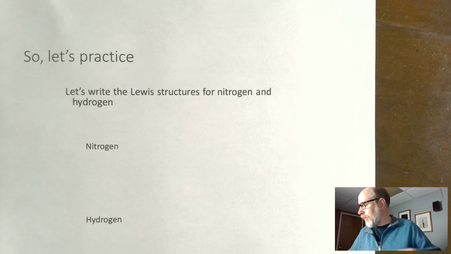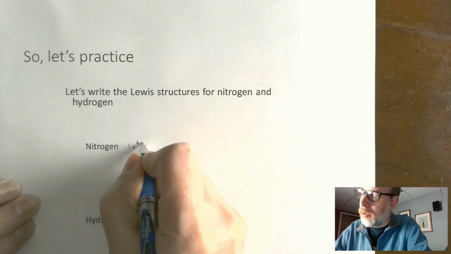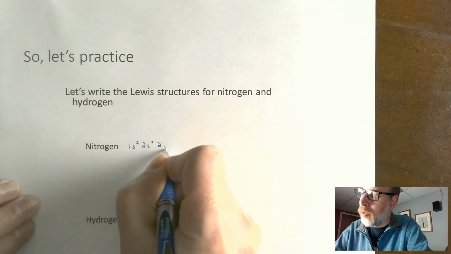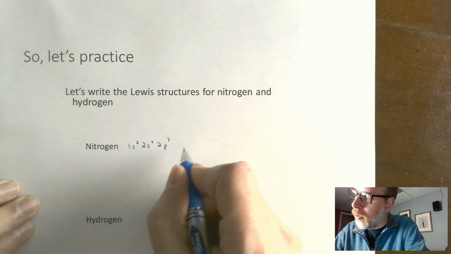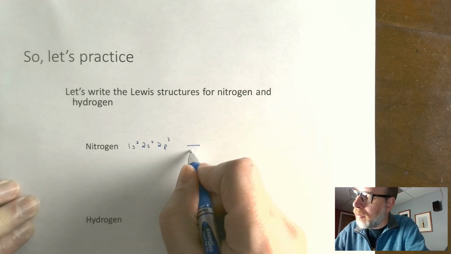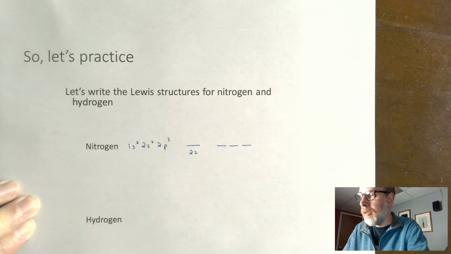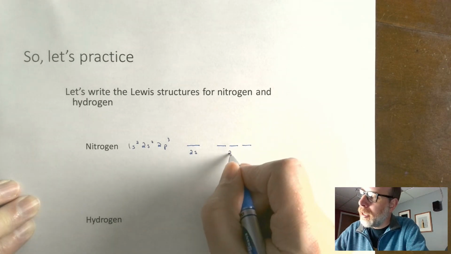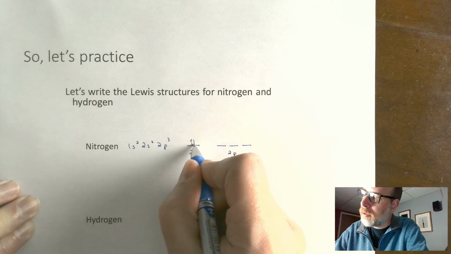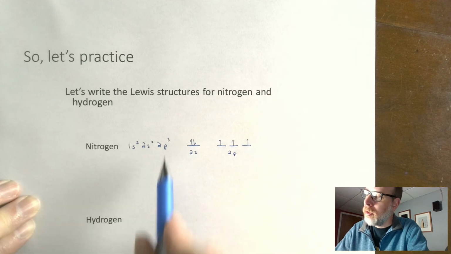So, all right, for nitrogen the configuration is 1s2, 2s2, 2p3. If we wrote that as an orbital diagram for just the valence electrons, the ones past helium on the noble gases, so 2s and 2p, we have 2 electrons in the 2s, 1, 2, 3 electrons in the 2p.